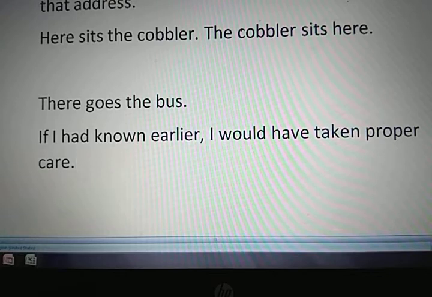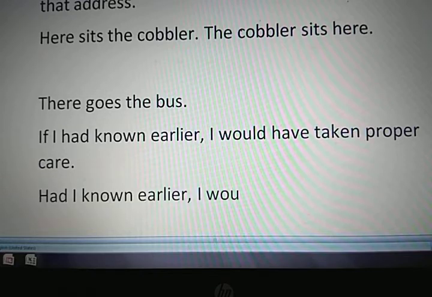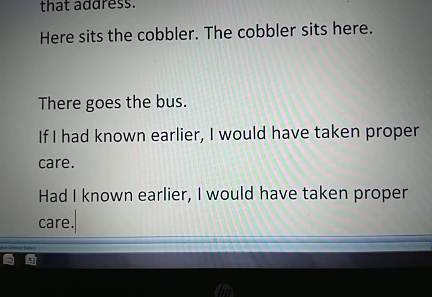So here, in order to give emphasis, we can write like this also. How? Had I known earlier, I would have taken proper care. Same sentence, written like this to give some emphasis. You remove that if and you reverse had I.